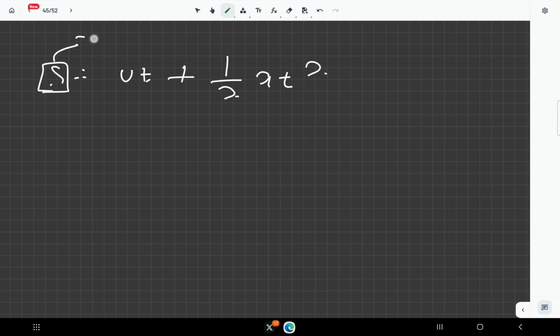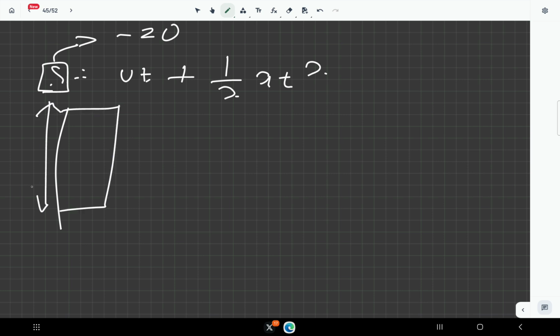So now we'll apply the SUVAT equation, S equals ut plus half at squared. We know that the displacement is minus 20, since the ball is falling off a cliff that is 20 high, and as it's descending, it should be minus 20.